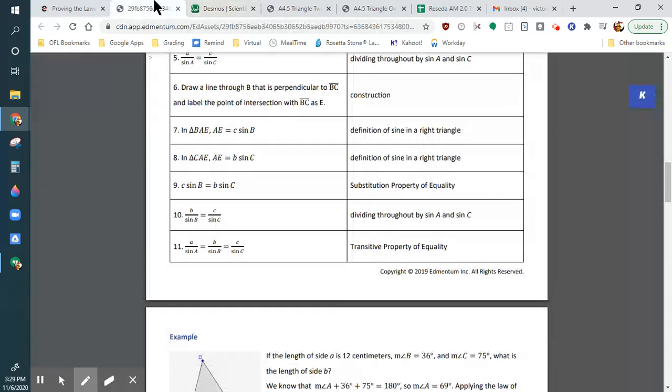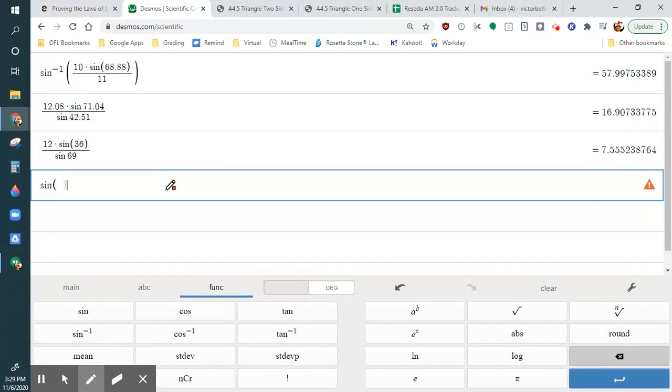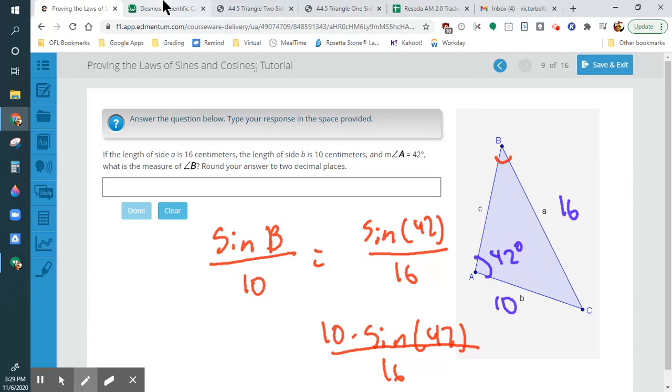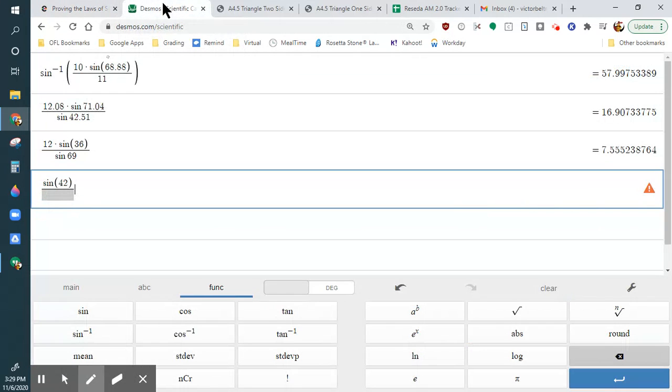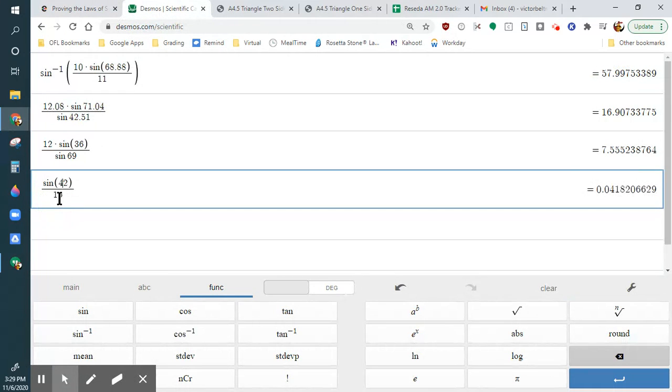Sine of 42 divided by 10. 10. Maybe it wasn't letting me because I was saying the wrong thing. 16 times 10.